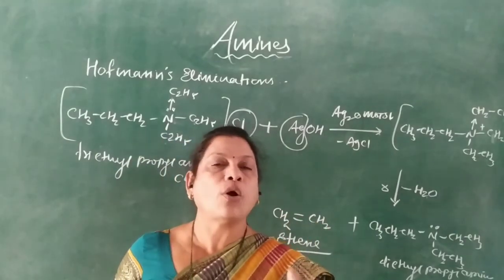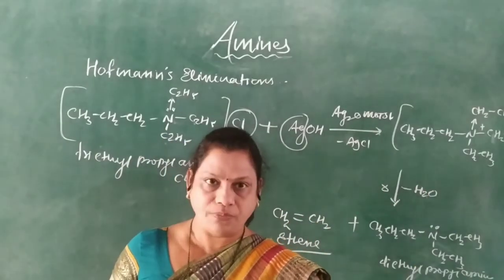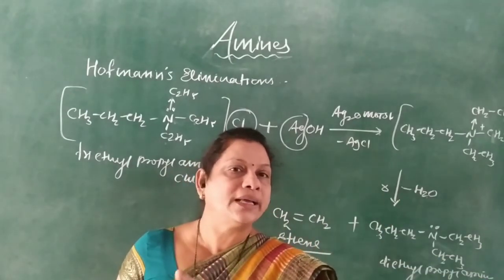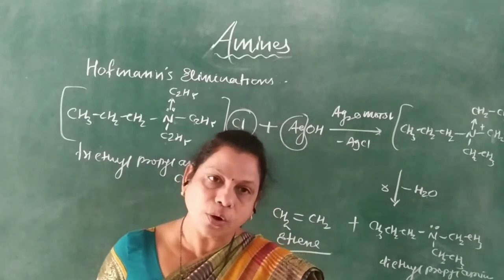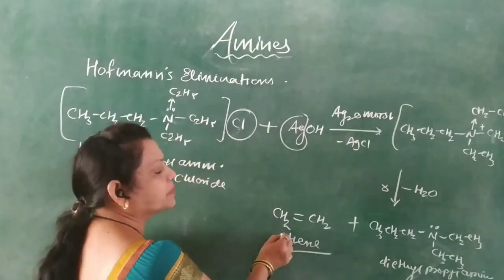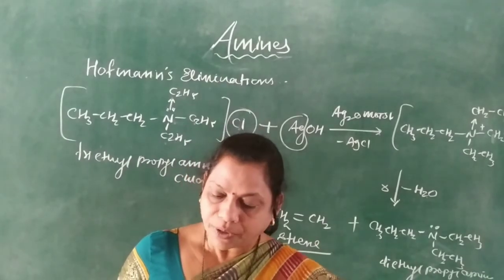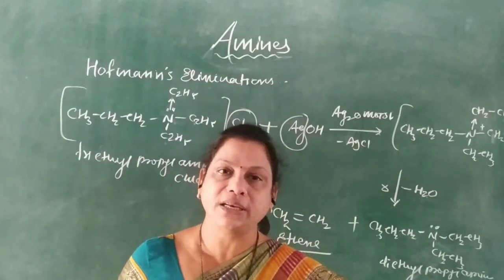Okay, it is in contrast to the Saytzeff rule. In the Saytzeff rule, more substituted alkenes are preferred, and in Hofmann elimination, the least substituted alkenes are formed. So this is the Hofmann's elimination reaction.